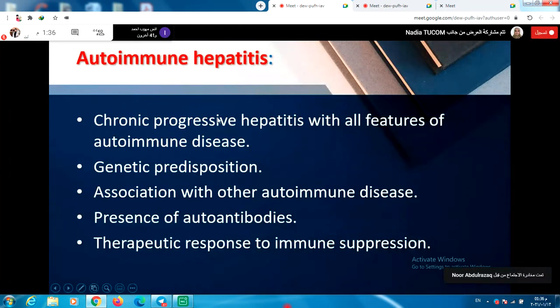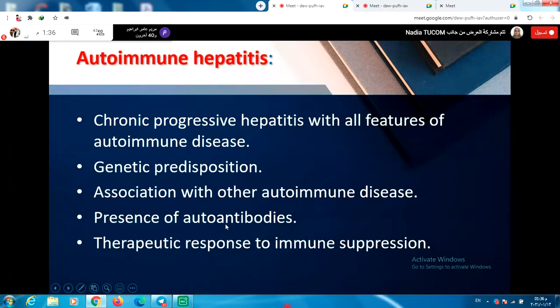Chronic hepatitis, the disease is of autoimmune process or autoimmune background, with a genetic predisposition and association with other autoimmune diseases, and presence of certain autoantibodies in the serum.